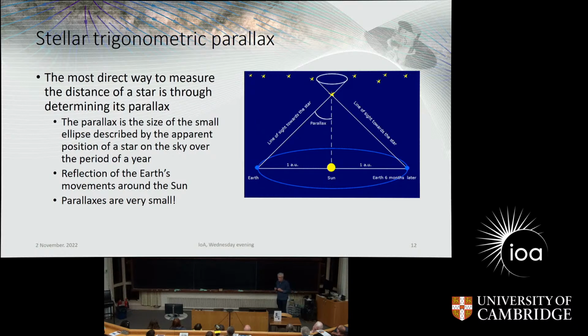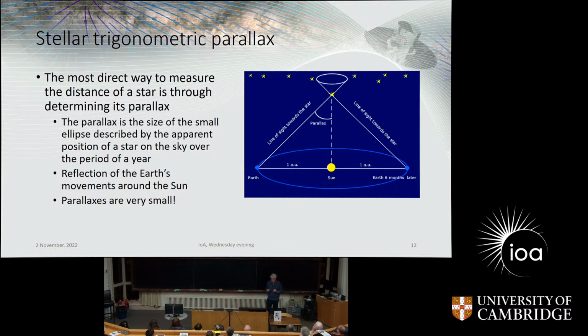Then we measure the difference in angle at which we observe a star during the time that the Earth moves around the Sun. As the Earth moves around the Sun, the star describes a tiny little ellipse on the sky, and the size of that ellipse tells you how far the star is away.